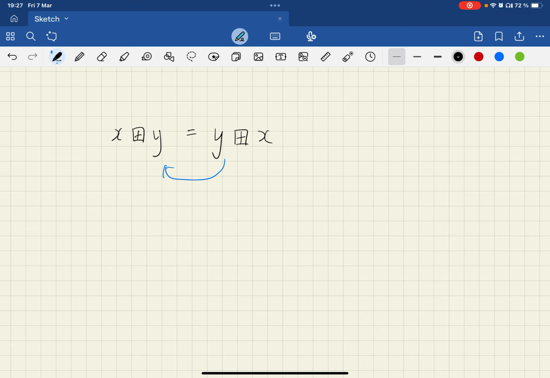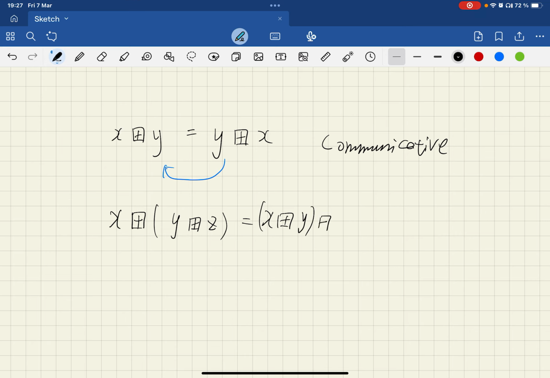So this is commutative. And the notation for associative, which includes three objects, is x plus y plus z equals x plus y first and then plus z, which is also easy to understand as you can have more brackets to add on.